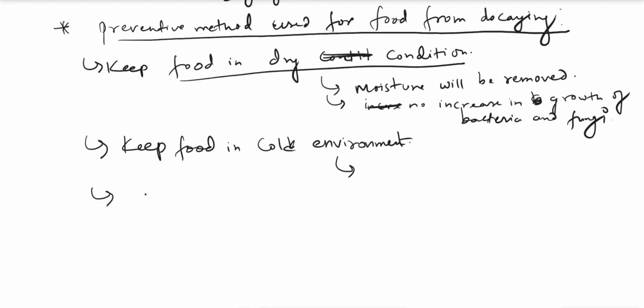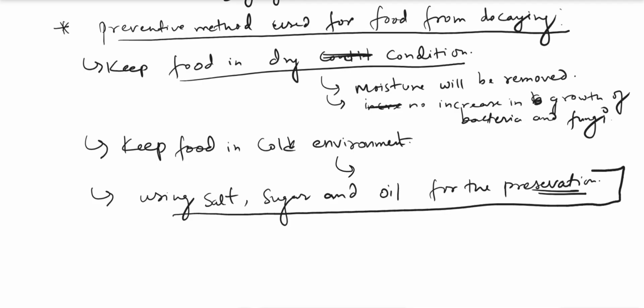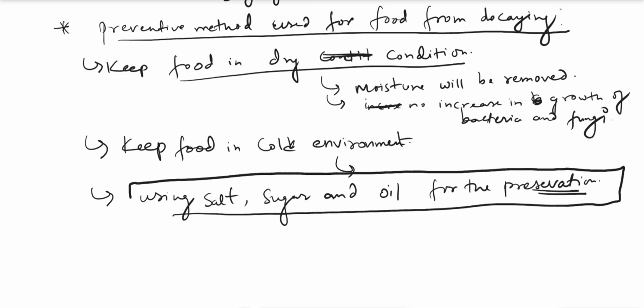Next method, using salt, sugar and oil for the preservation of food. By using those substances in the food, it can increase the life of the food, because it does not give a favorable environment for the growth of bacteria as well as fungus.